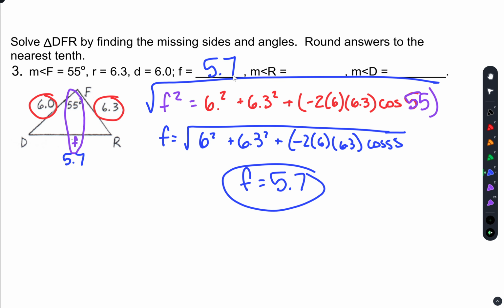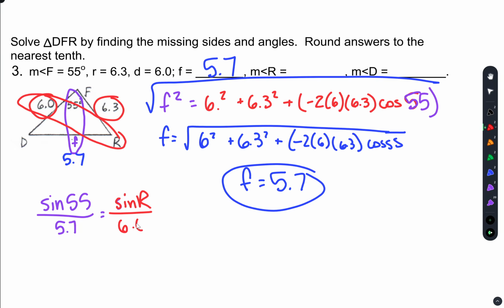Let's find a second pair. Let's say to find angle R. I'm going to set up those pairs right there. So that looks like, first, sine 55 over the 5.7 I just found equals sine R over 6.0.